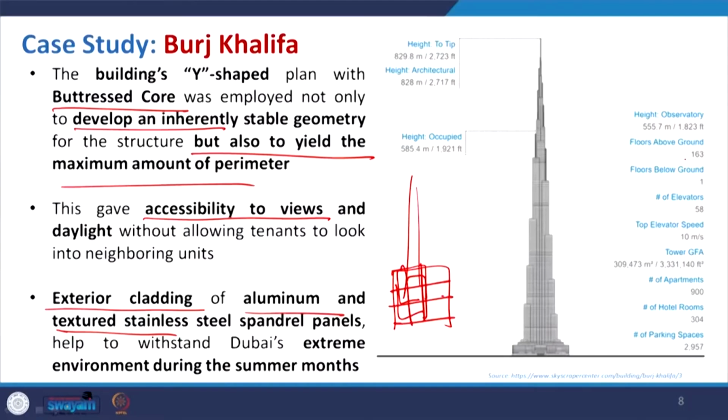And here, if you see, 163 floors above ground have been made, and the total height is almost 830 meters, whereas the architectural height is a little bit lower if you consider the habitable space. In this, the height occupied is only up to 585 meters.